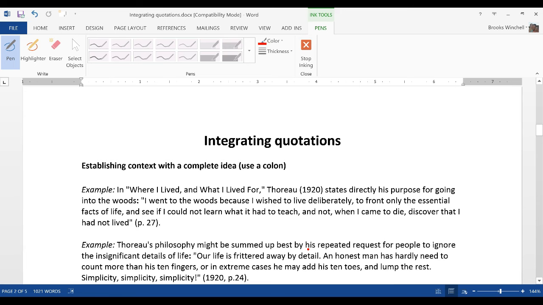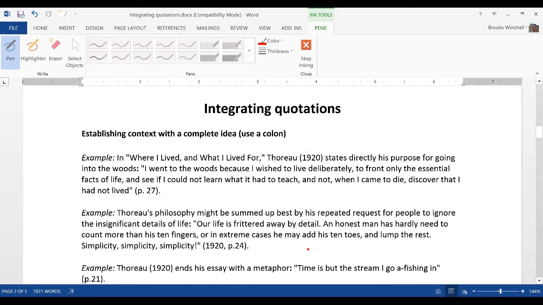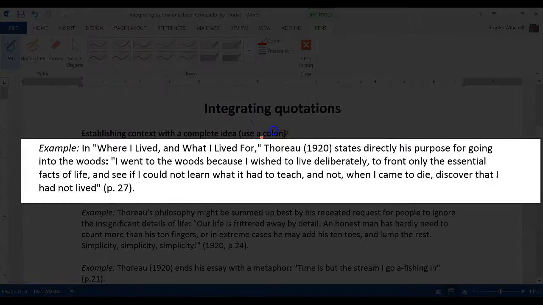So here's an example of introducing a quote with a complete idea and using a colon. In "Where I Lived and What I Lived For," Thoreau, 1920, so that's the title of the article, states directly his purpose for going into the woods.